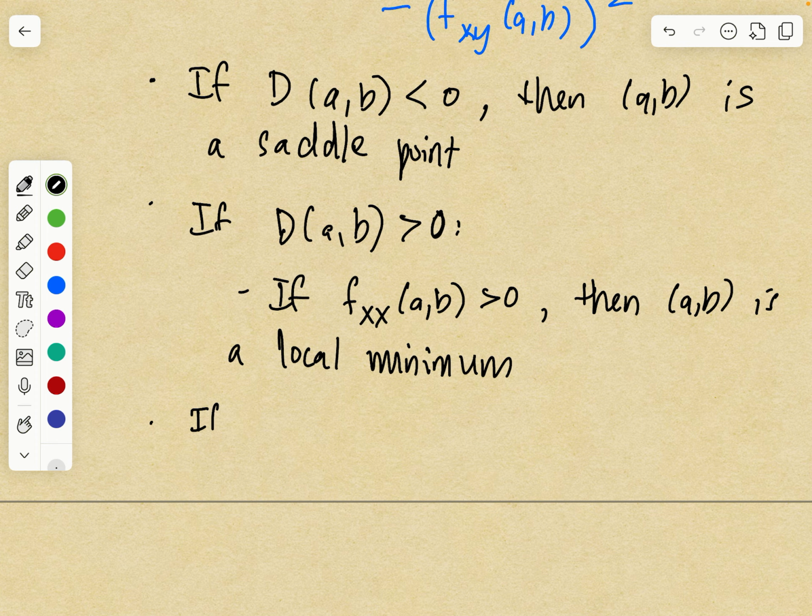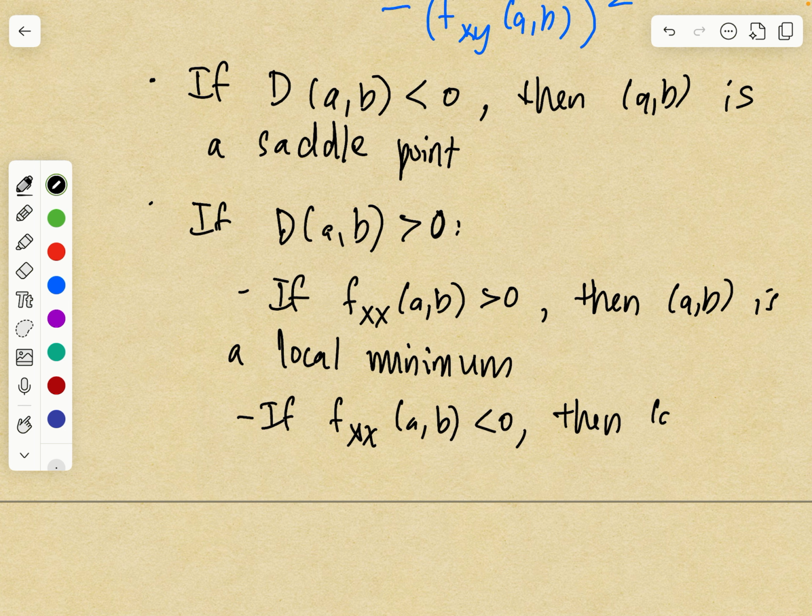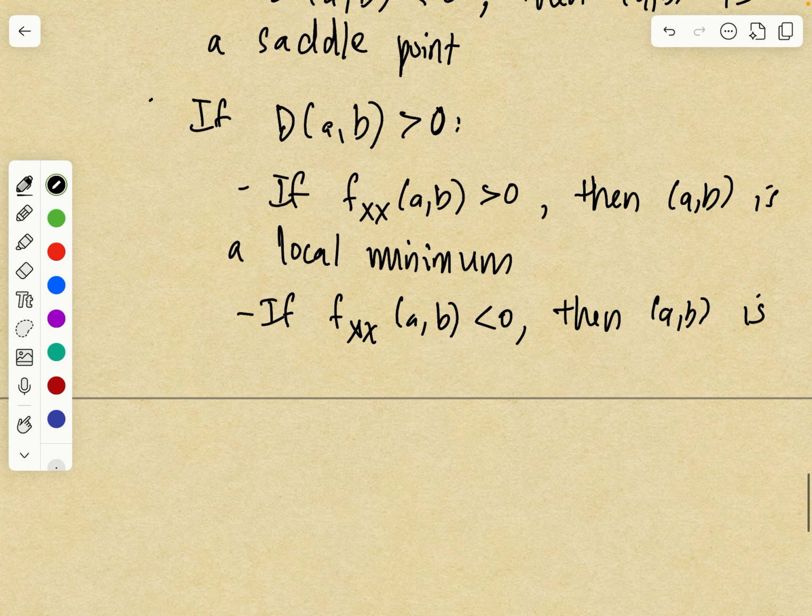And this is the subcase: if f_xx at (a, b) is negative, and the determinant is positive, then (a, b) is a local maximum.